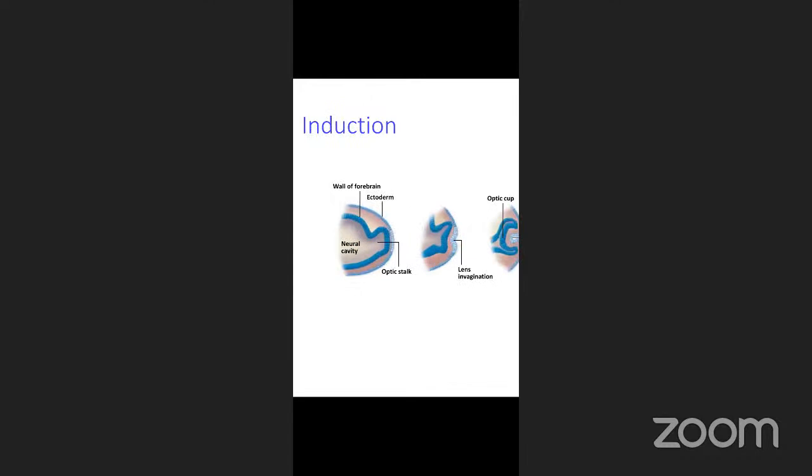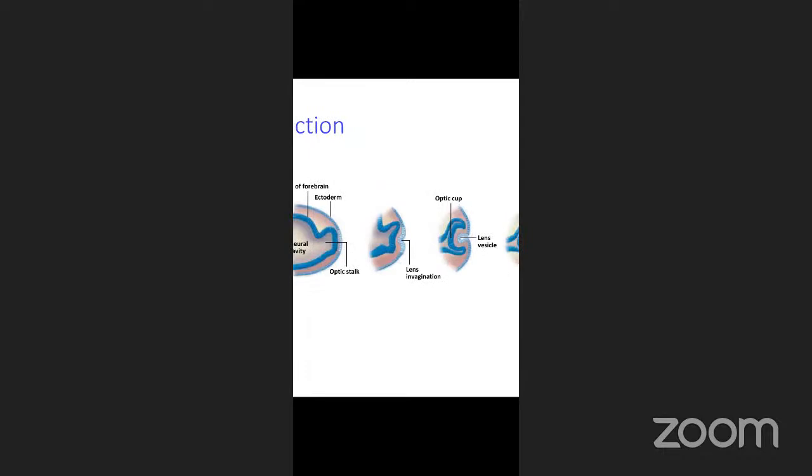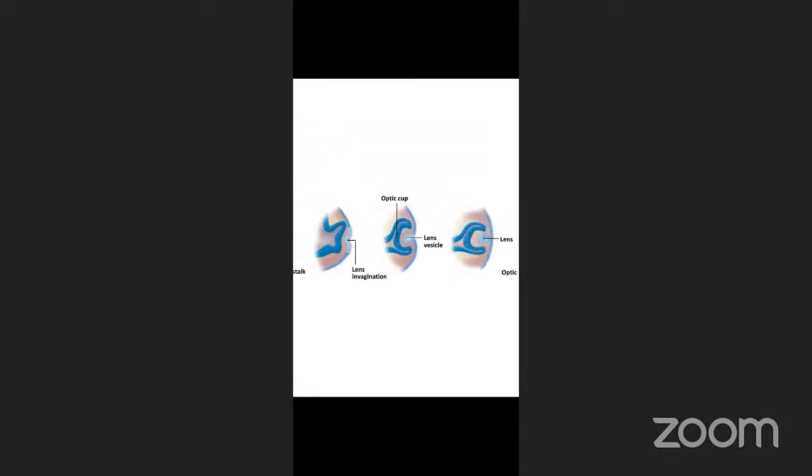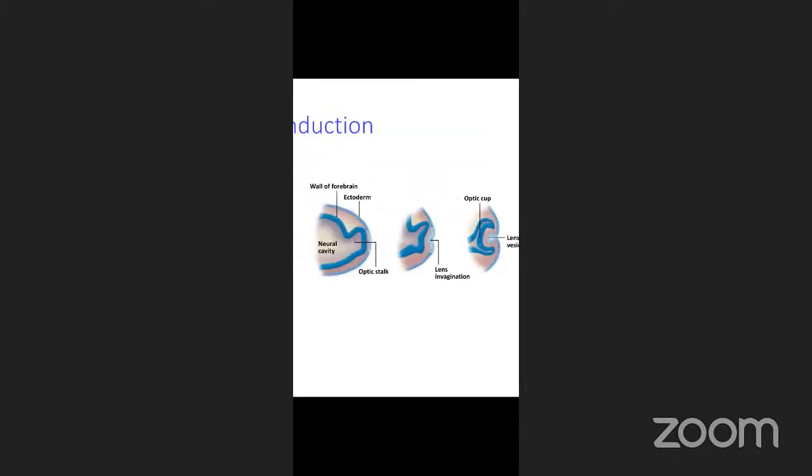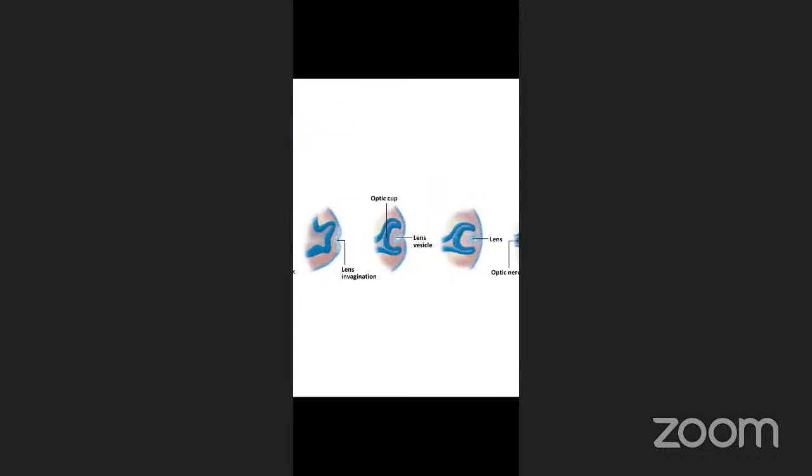So the outer one is the ectoderm, and inside it is the neural cavity, and to that we have the wall of the forebrain. From the optic stalk, this ectoderm will invaginate and form a lens vesicle, and the wall of the forebrain will invaginate to form the optic cup.